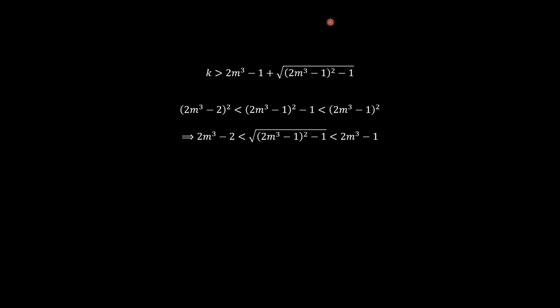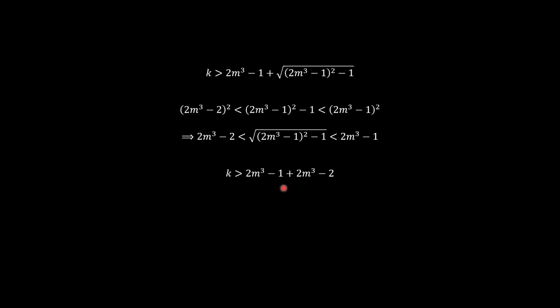So that just means that if we substitute the lower bound into the inequality, it would just have the same effect of removing the fractional part of this root. And because k is an integer, this won't have any effect on the value of k.